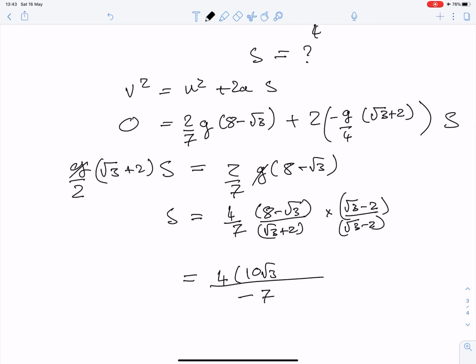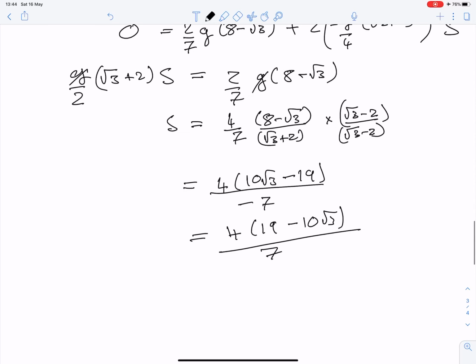The g's cancel. So s equals 4 multiplied up by 2 over 7 times (8 minus root 3) times (root 3 plus 2).